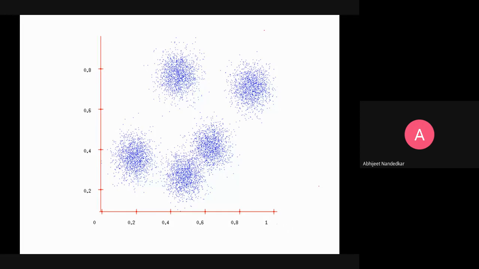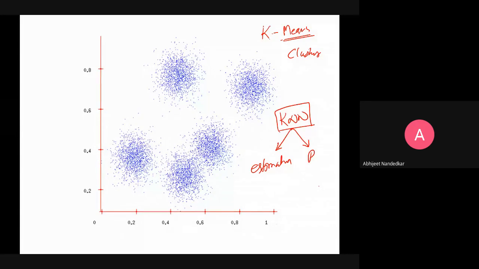So in k-means clustering, the k means clusters. Don't get confused with the earlier k-NN, that is k nearest neighbor. For k nearest neighbor, we have seen two things if you remember: one is estimation and the other was the k nearest neighbor rule.